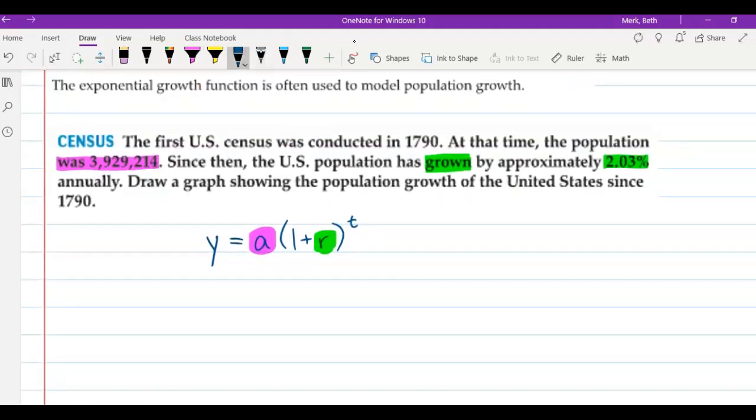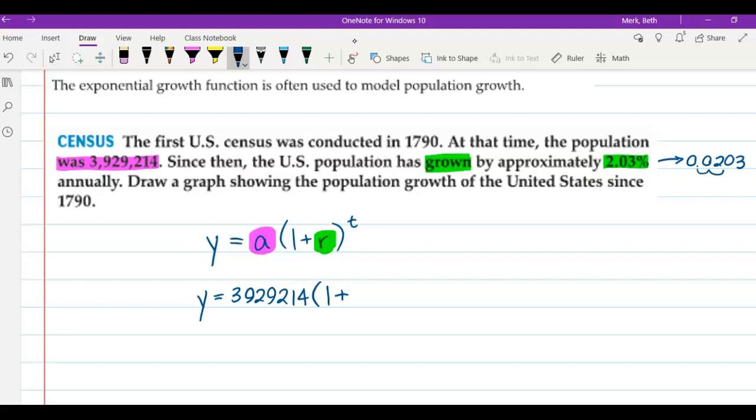So when we replace these things, y equals 3,929,214 times (1 plus the rate). Now, when we put this in, we don't want to use the percent symbol, so we need to convert it to a decimal, which would be 0.0203.